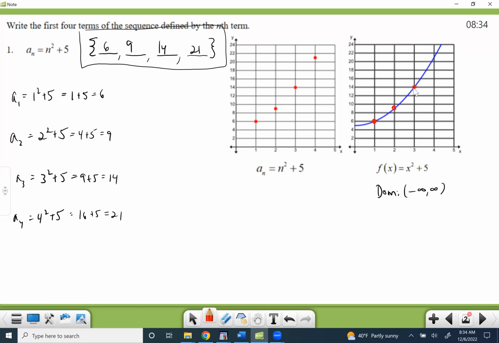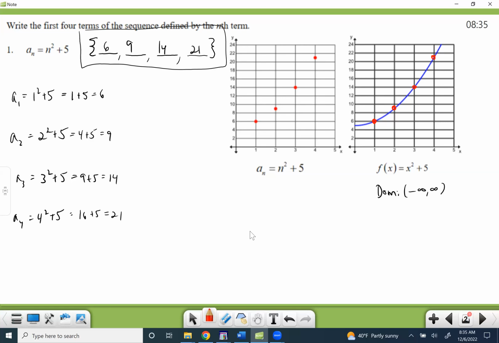Okay? But we connect the dots for this function of x because the domain is negative infinity to infinity. But we're talking about a sequence and this formula generating the sequence. We don't want to connect the dots because our domain is the positive integers. Okay, so basically whole numbers, except zero is not included.